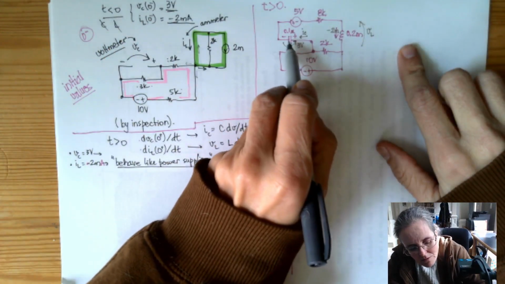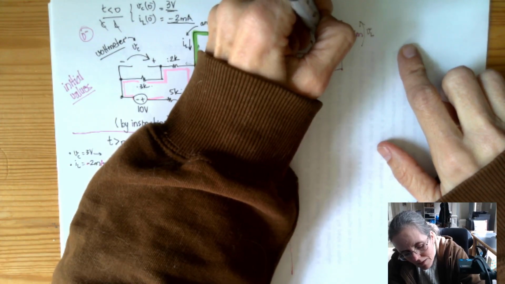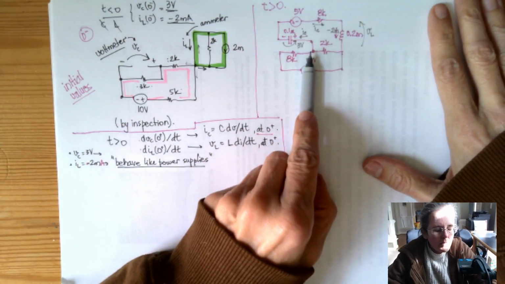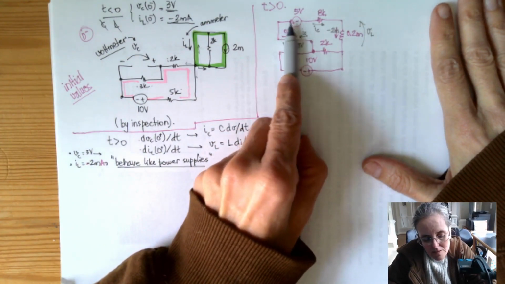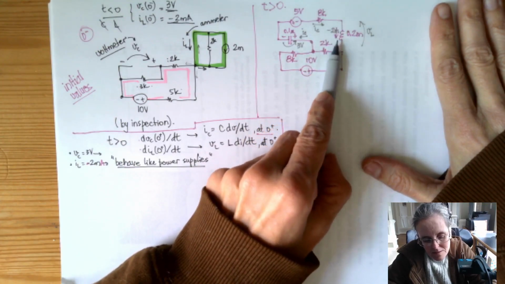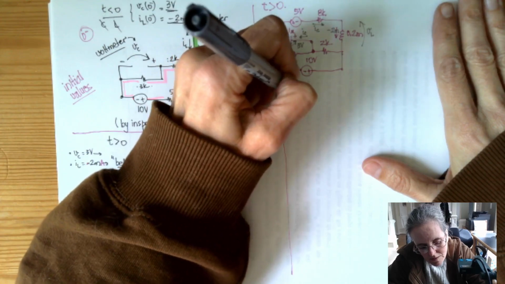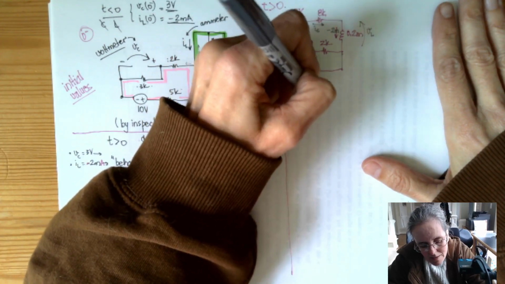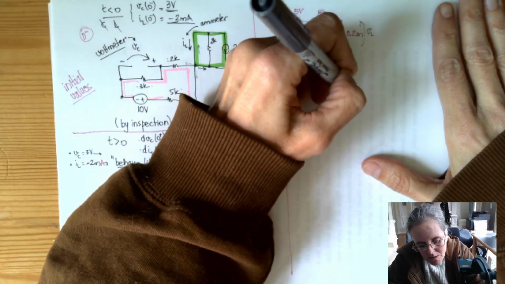If you go around this loop, you're going to hopefully find that this IC is the same as this one, and it's the same as this. I can deduce that IC of 0 plus is IL of 0 plus, which is minus 2 milliamps.